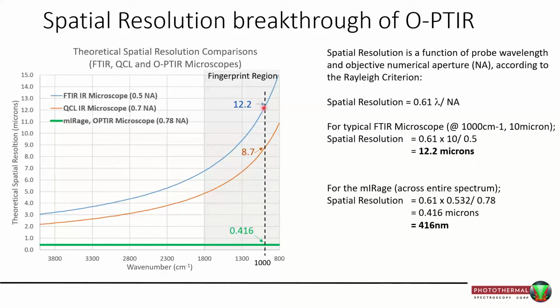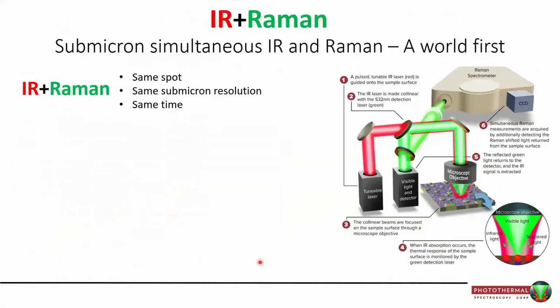That means, for the best FTIR microscope out there at the moment, at 1,000 wave numbers, you're looking at around 12 microns of spatial resolution. Yet with O-PTIR, because we have a very short wavelength probe and a high NA, the theoretical resolution is about 416 nanometers. And importantly, it's flat. Whether you're in the fingerprint region or in the high wave number region, it's the same. This equates to about a 30x improvement if you're looking at something at, say, 1,000 wave numbers.